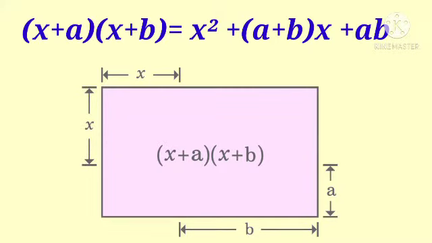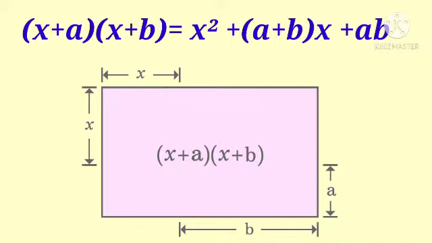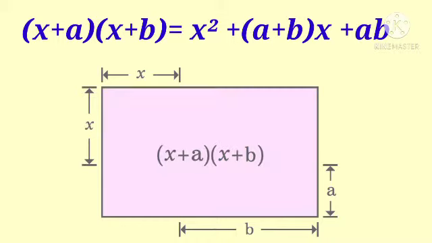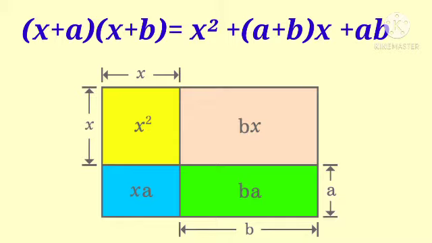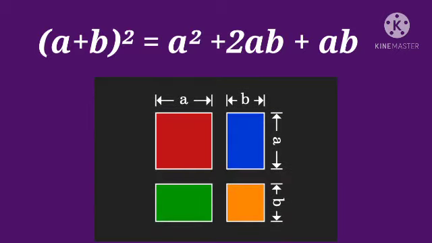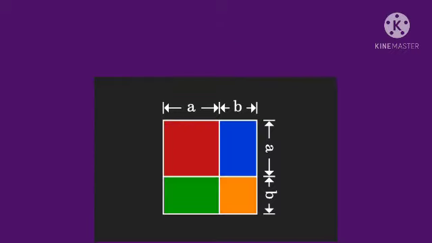Children, once again I'll repeat it. (x plus a) into (x plus b) is equal to x square plus (a plus b) into x plus a into b. The second identity: (a plus b) the whole square is equal to a square plus 2 into a into b plus b square.